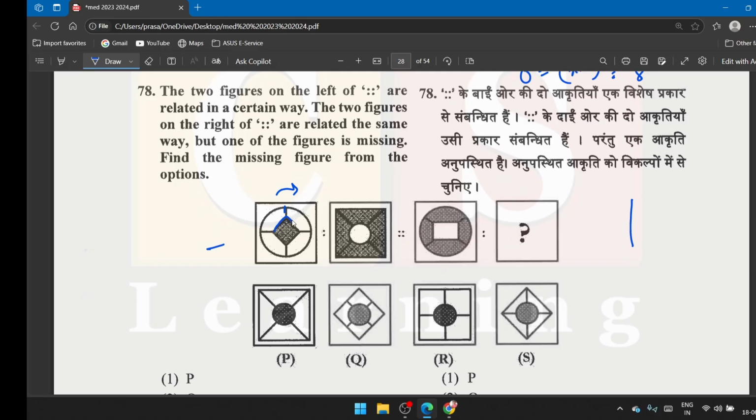Now this rectangle will be outward, या फिर स्क्वायर ही मान सकते हो. बट ये जो है ये डायगोनली अंदर आ जाएगा, और the circle will be inside, ठीक है. ऐसा कौन सा ऑप्शन है, और इसका स्ट्रक्चर भी देखिए, दैट इज ऑप्शन. ठीक है. यहाँ पे हो जाएगा ऑप्शन.